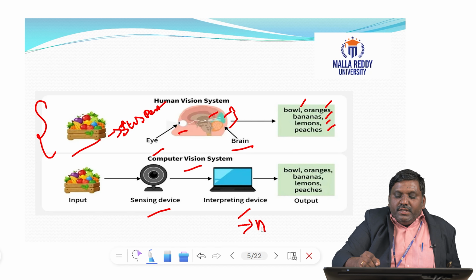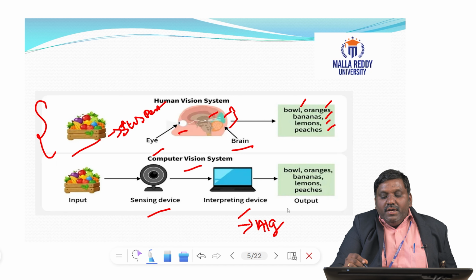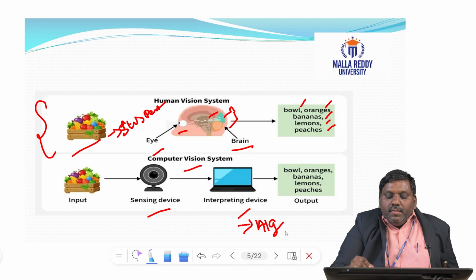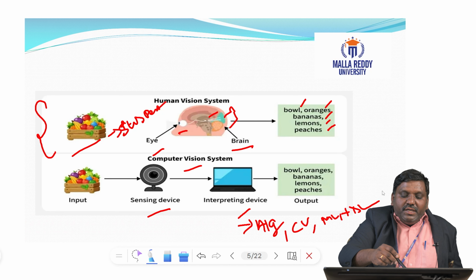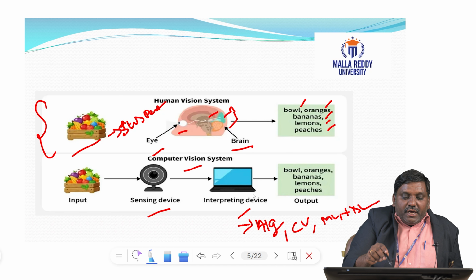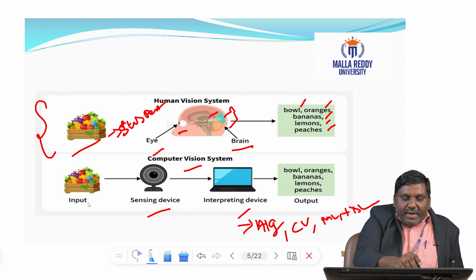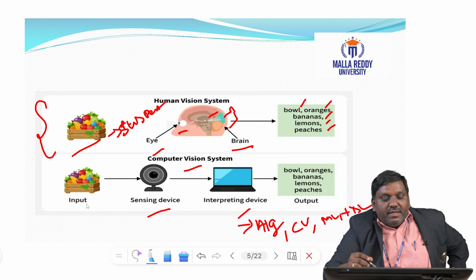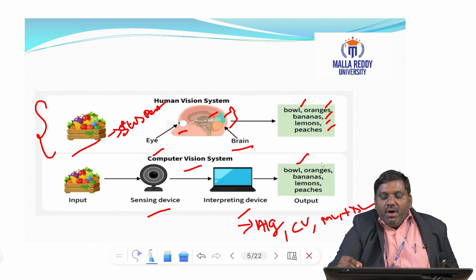It contains some algorithm, which may be a computer vision algorithm or an ML algorithm or a combination of ML plus DL. With the help of the algorithm, the corresponding theme is matched with the pattern. Then it detects the theme as bowl, orange, banana, lemon as well as peaches. This is the output that we obtain.